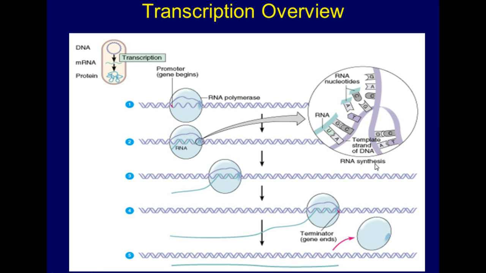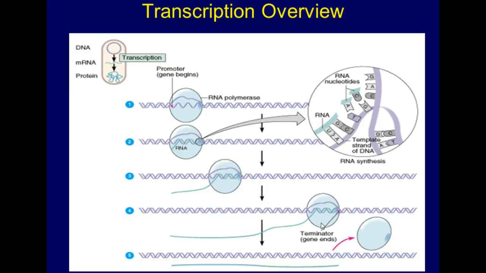Get in your notes also that RNA polymerase knows to stop reading these sequences when it encounters what's called a terminator sequence, and you see that now down here. So just like the TATA box, the terminator sequence would tell RNA polymerase where to stop.